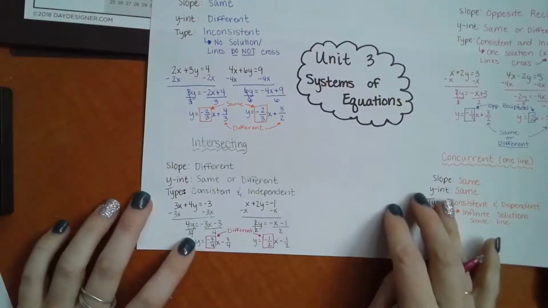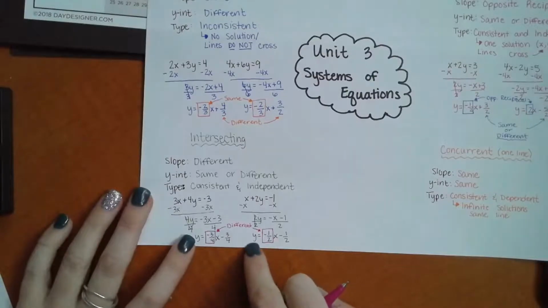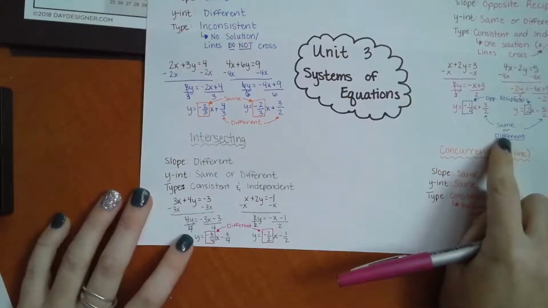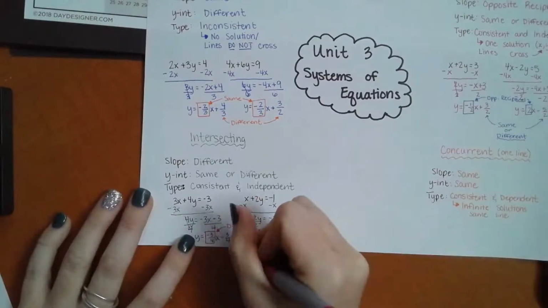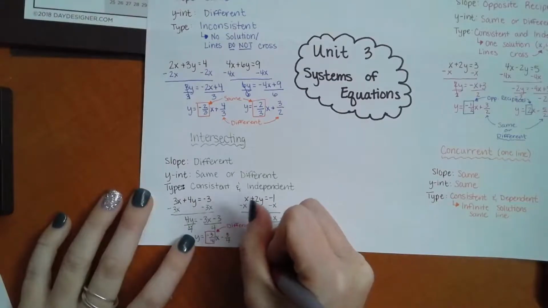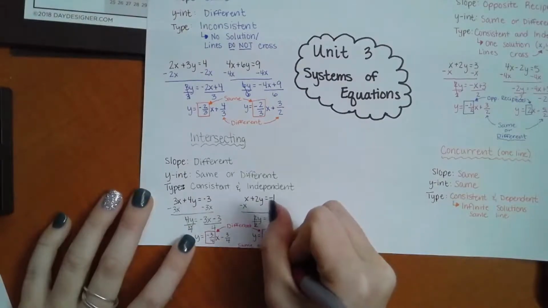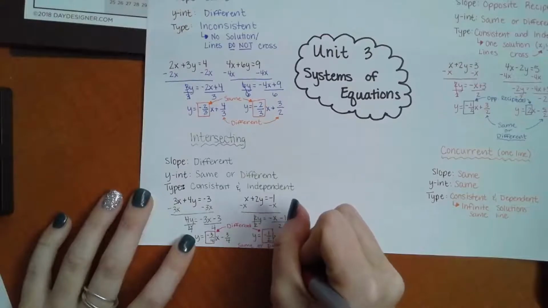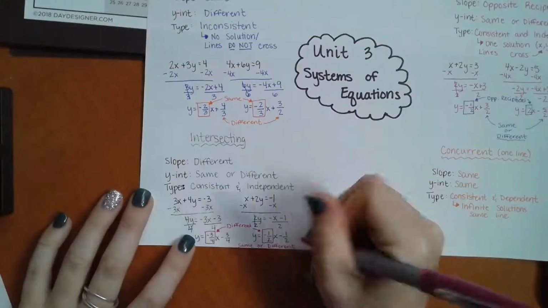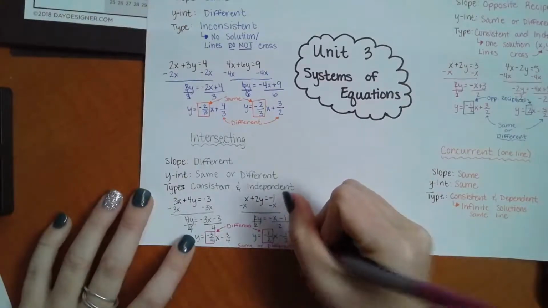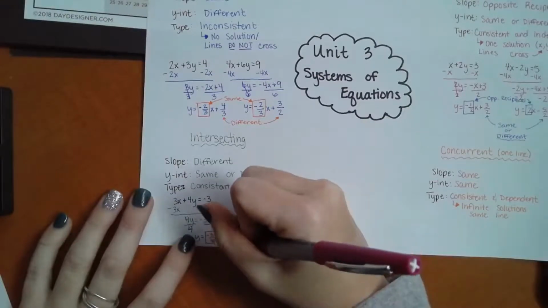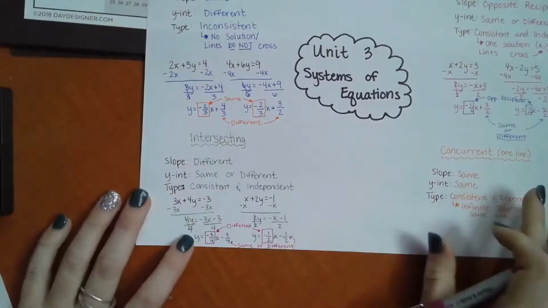And then same with your y-intercept, just like perpendicular, they can be the same or different. But again, most of the time, they're going to be different.